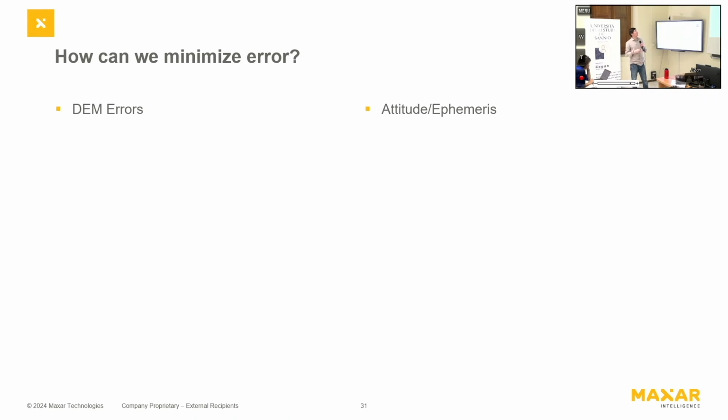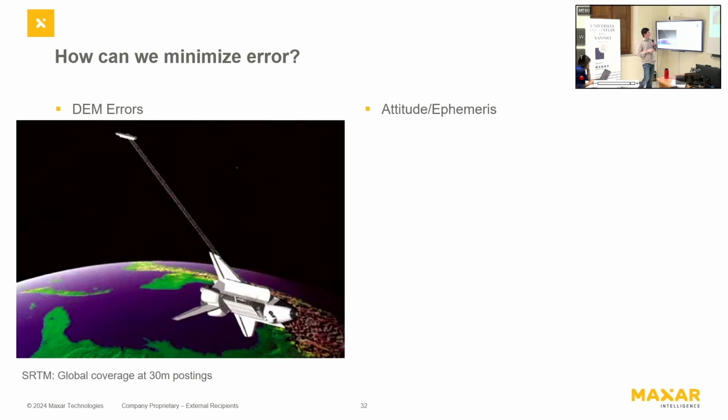What else can be done? We often use the SRTM DEM that was built, I think, in the 90s. It's a 30-meter posting. It's not great, but you get global coverage and decent accuracy.